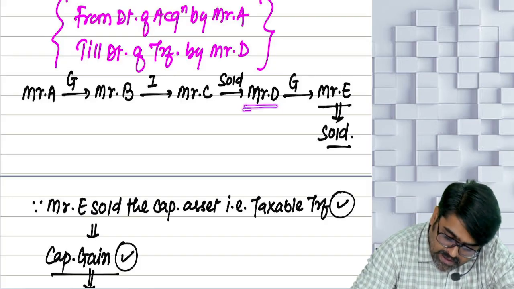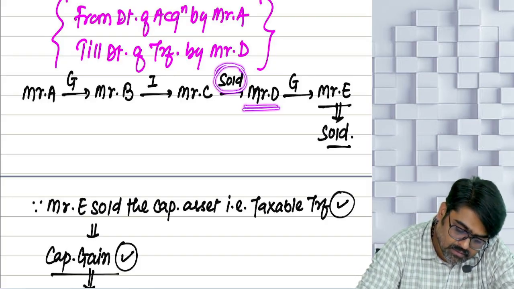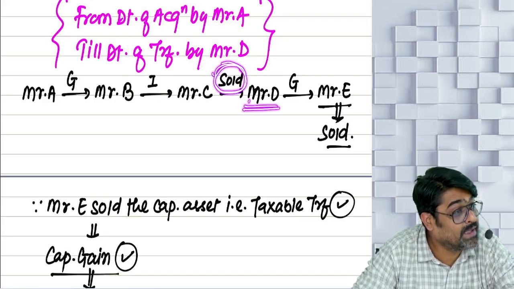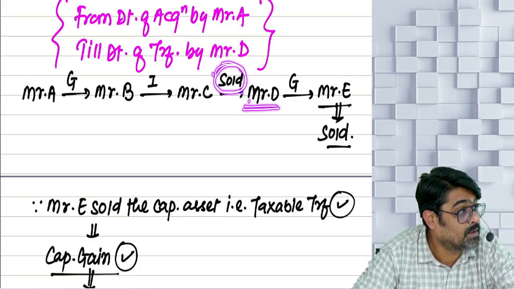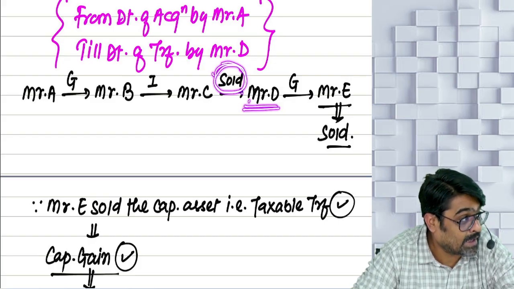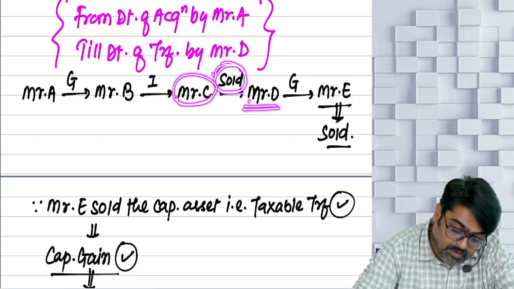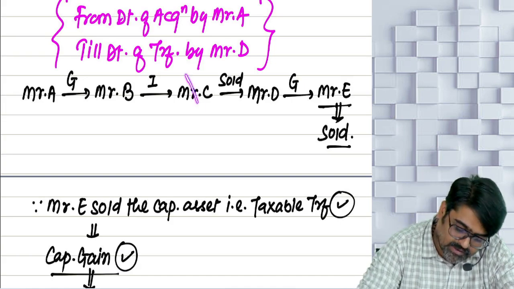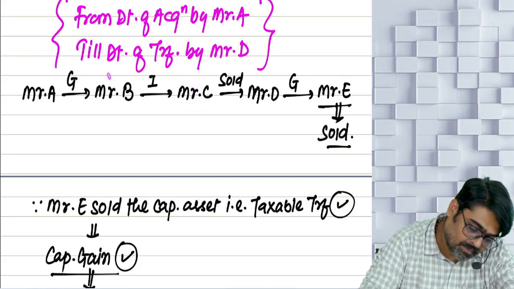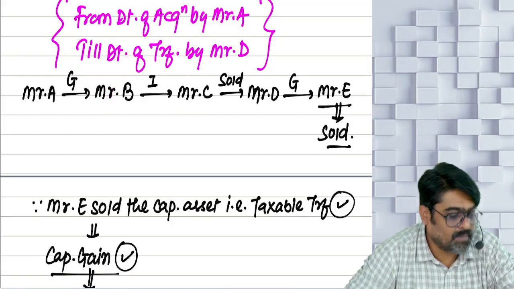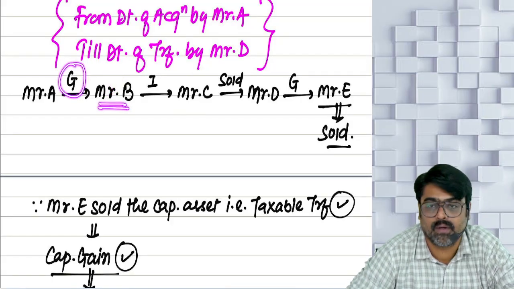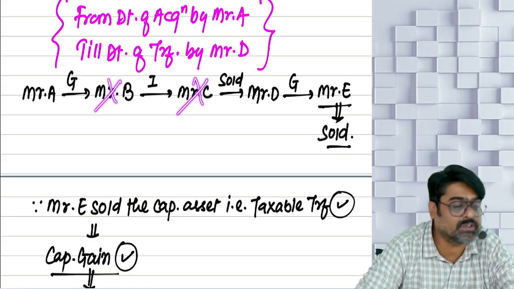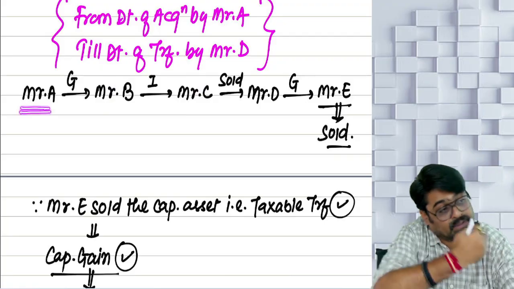Can I say D has acquired the asset? D has purchased the asset. So D has acquired the asset by a mode other than 49(1). E has acquired the asset by way of gift, a mode specified under section 49(1). C's cost cannot come, and B's cost can also not come, because B has also acquired the asset by way of gift, a mode specified under section 49(1). So B's cost cannot come, C's cost cannot come. Can I say A would have also purchased the asset?